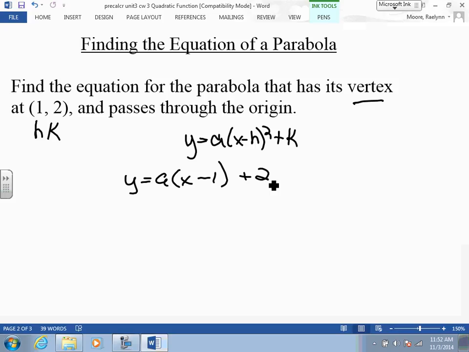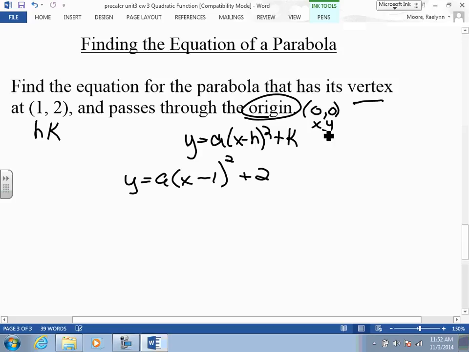So plug those in. What would x be? What would y be? Are you using a square? Yes, I am. So what is my x and my y? What is my origin? So plug this in. This is the same.